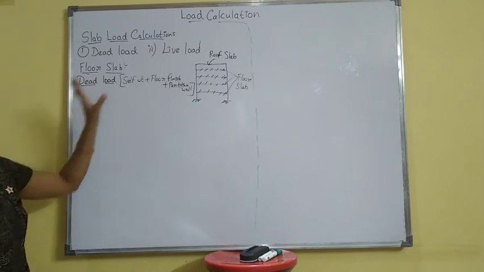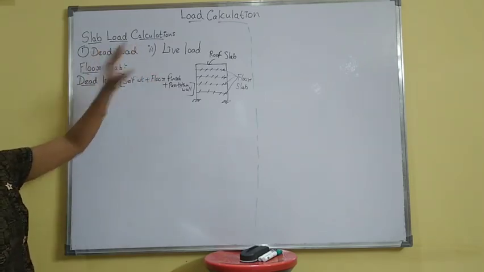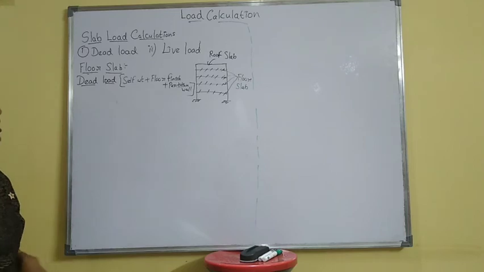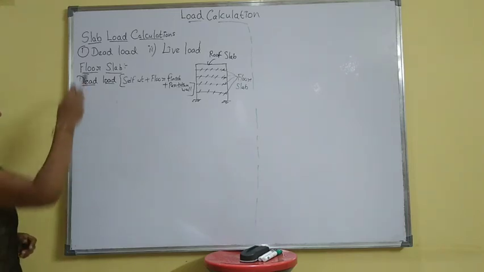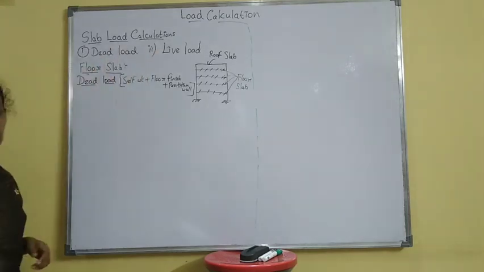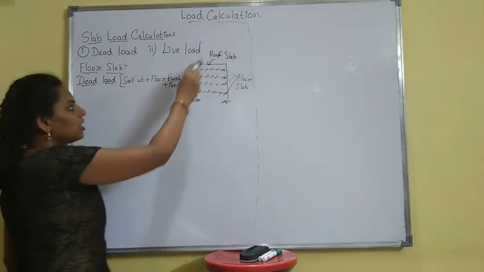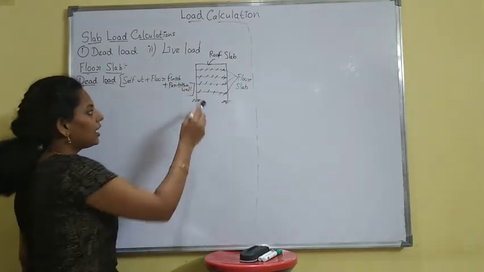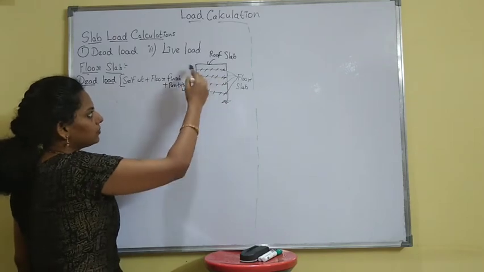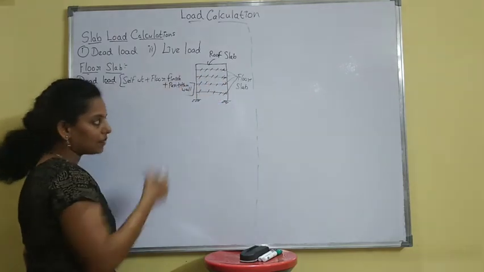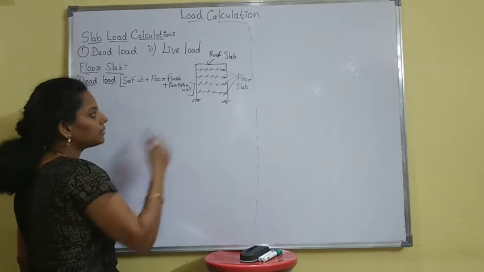Initially, first we study the slab load calculation. In this slab load, we are going to consider dead load and live load. Suppose this is your multi-story building, this is your column, this is your beam, along with the slab; this is the elevation of the building.